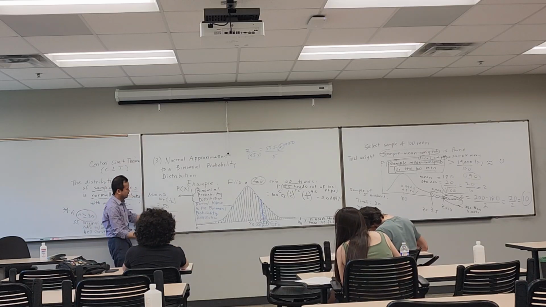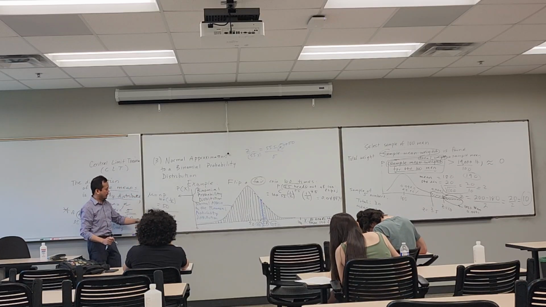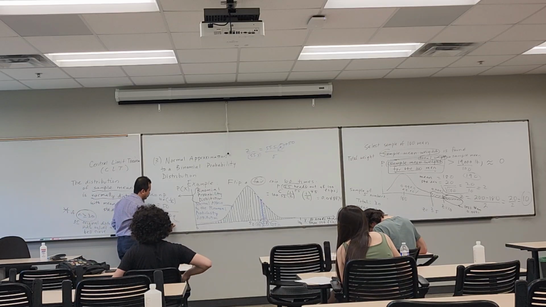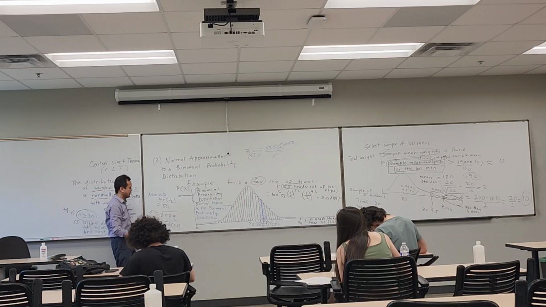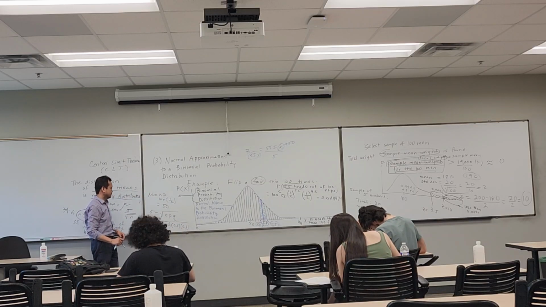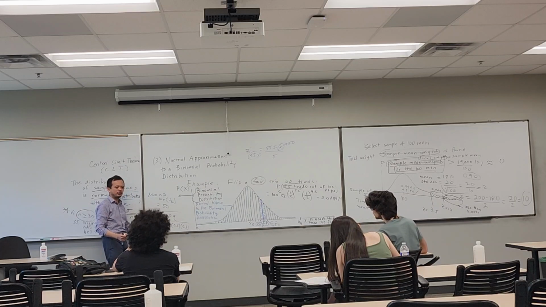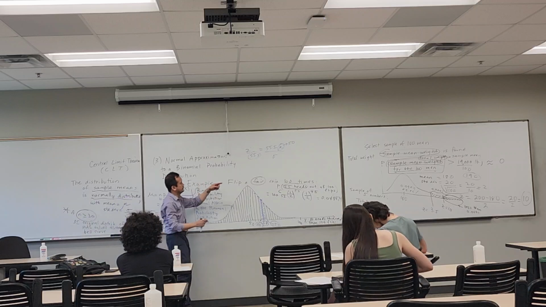So this ends up being n, which is 100, times p, where p is the probability of heads for this fair coin, that's 1/2, or 0.5, and q is the probability of tails for this fair coin, that turns out to also be 0.5. If you evaluate this, you'll see it's the square root of 25, which is 5. So the standard deviation turns out to be 5.